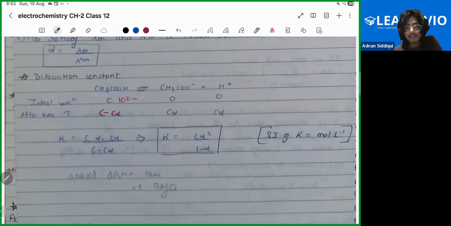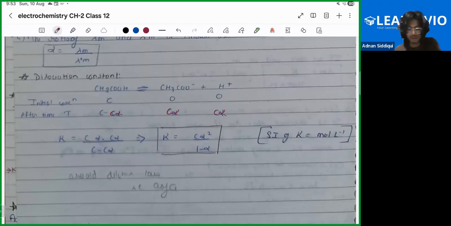And the amount which is getting dissociated from the reactant side is going to appear on the product side. So if we are observing dissociation of C alpha on the reactant side, then in the product side we will observe the formation of C alpha, because what breaks from there goes to the product side. Is it making sense?